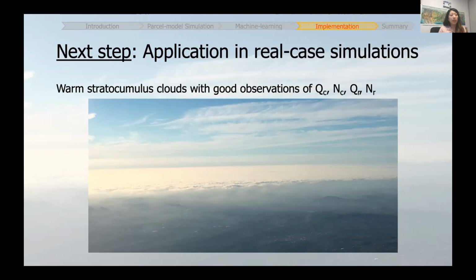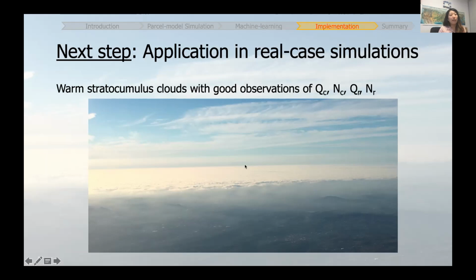But if we can simulate a real data case, preferably for maybe warm stratocumulus clouds with good observations of mass and number of cloud droplets and raindrops, I'll be able to conclude, okay, this trained machine actually is better than the existing parameterizations or worse. At least we can conclude that.